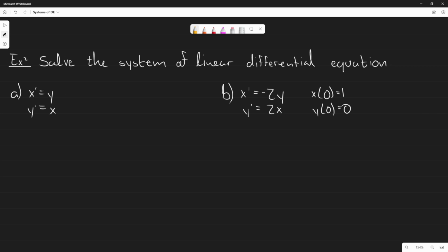And in this second example, we are given a first order system and we have to solve the system. So let's get started. I accidentally wrote the question or the example wrong. But let's get started.